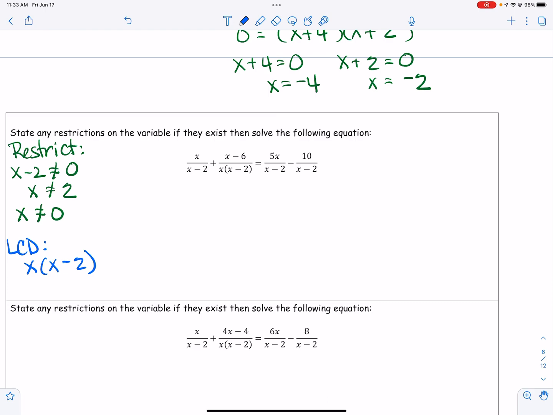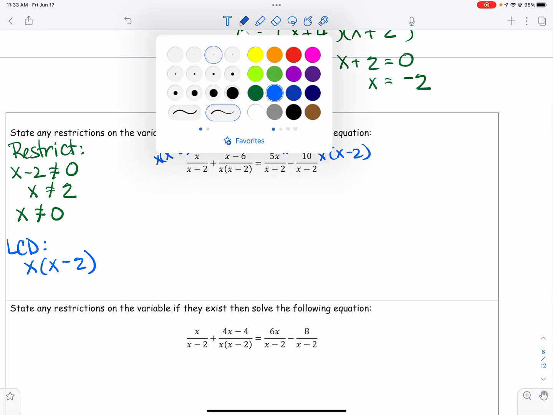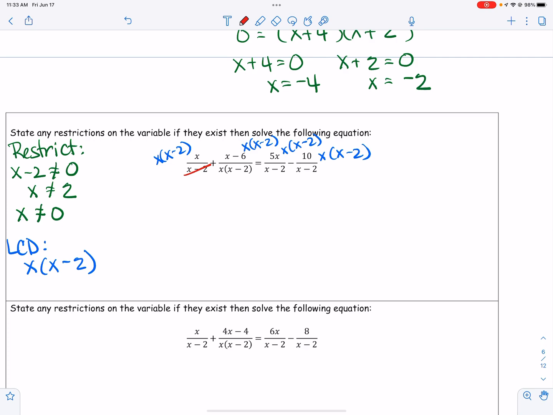So when I multiply by x times x minus 2, x times x minus 2, x times x minus 2, and x times x minus 2, what you see happen is the x minus 2's cancel, and I have x squared. This and this cancels, so I have x minus 6. The x minus 2 cancels.